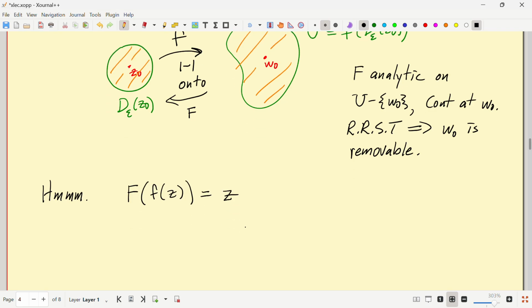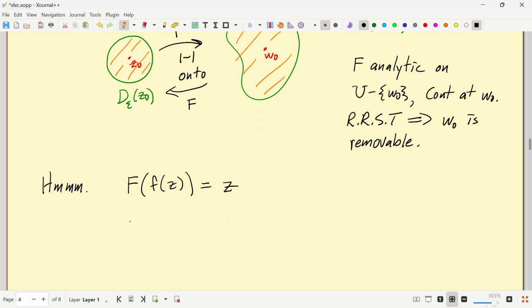Everything in sight there is analytic, and so I would have that F prime of f of z times f prime of z is equal to 1.